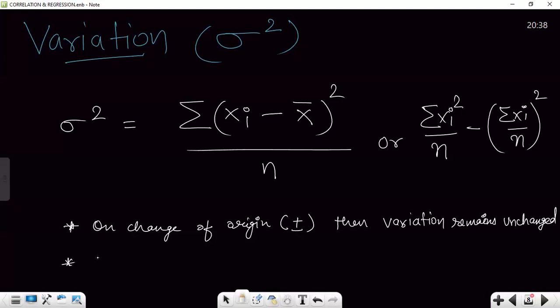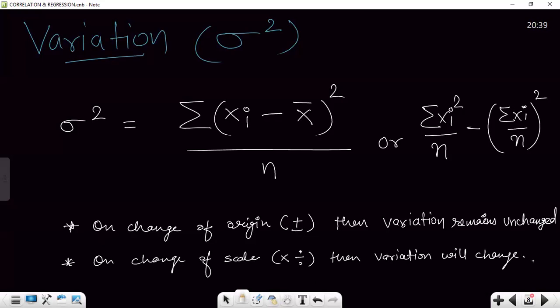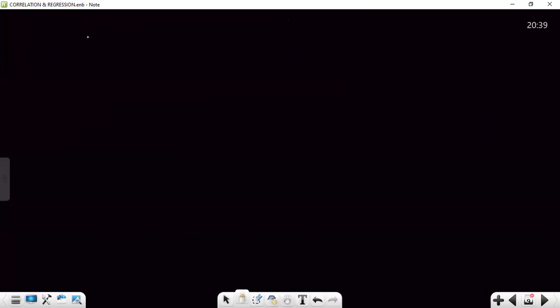But on change of scale, multiply or divide, not plus, then variation will change. How will it change? Let me give you an example.